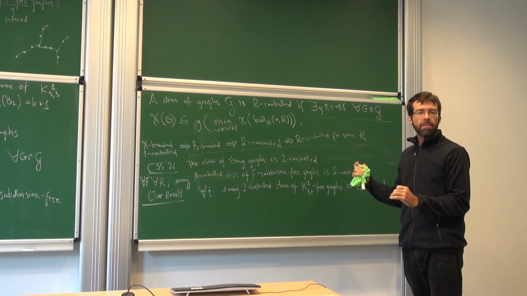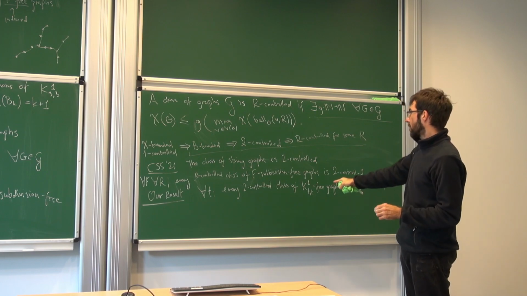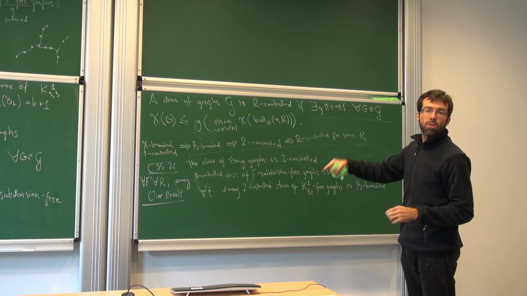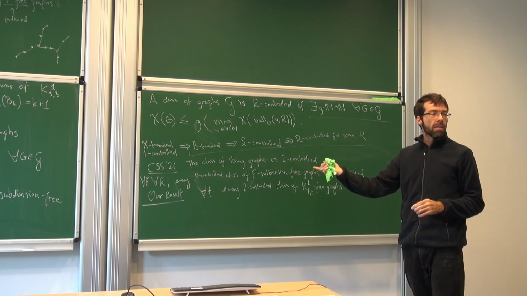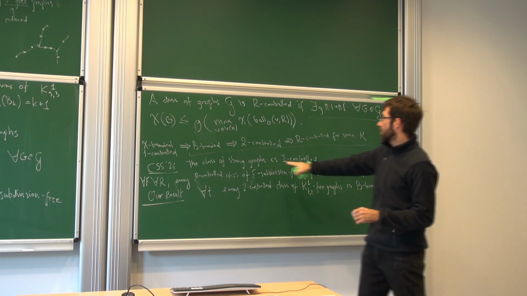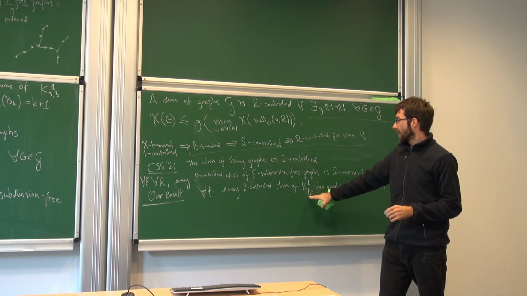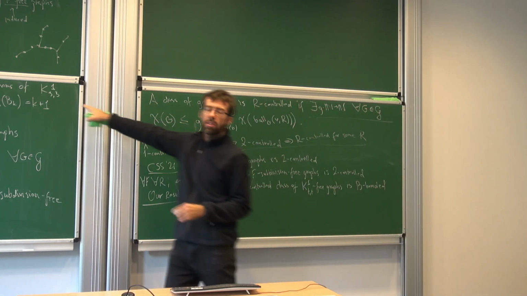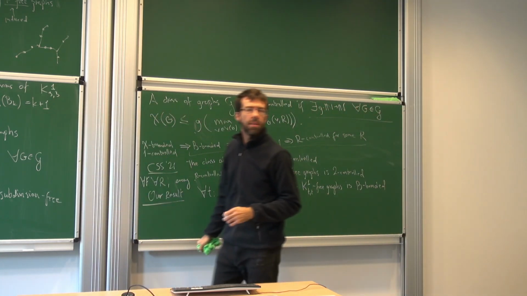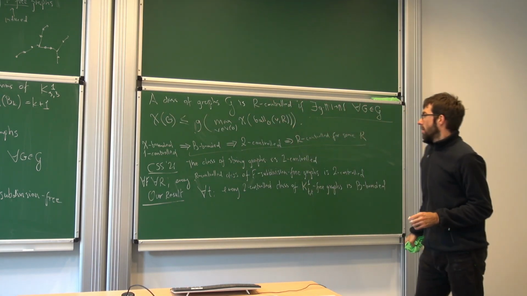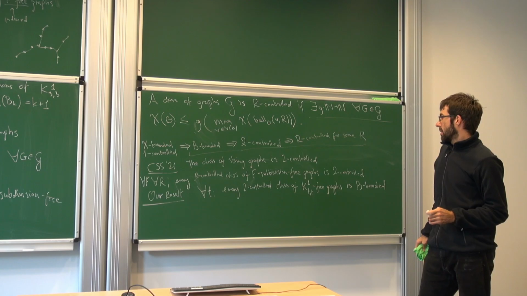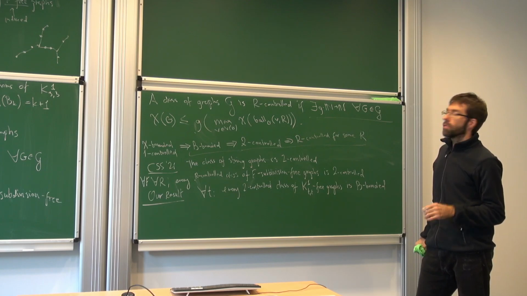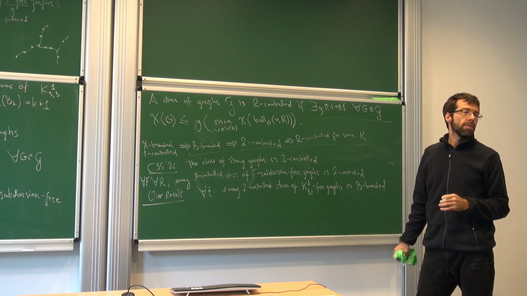Okay, large clique. So this in particular applies to string graphs because string graphs are two-controlled and they are K_{3,3} subdivision free. Yes, this is that observation by Zimmerman. And it's already actually interesting for the class of induced subgraphs of Burling graphs.